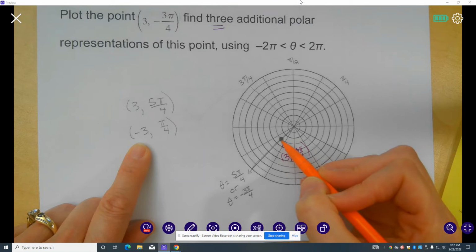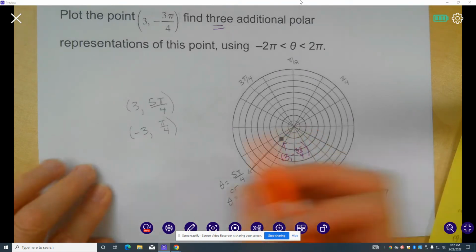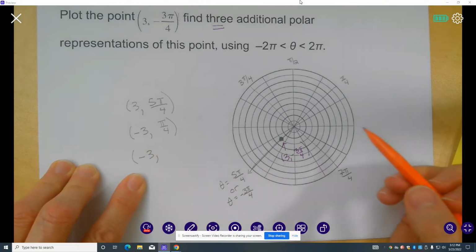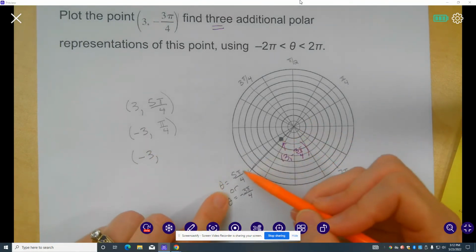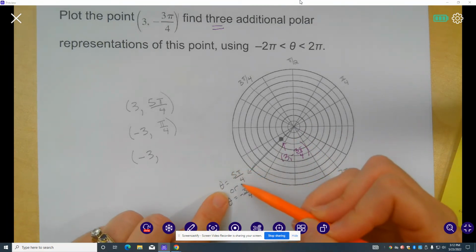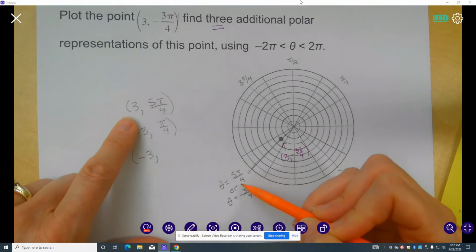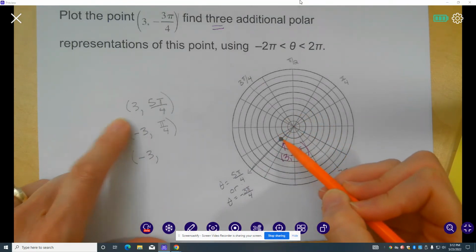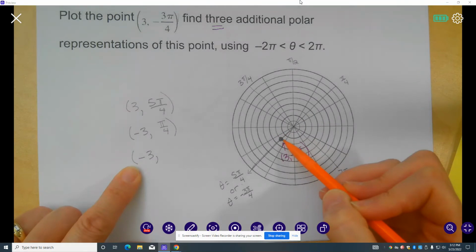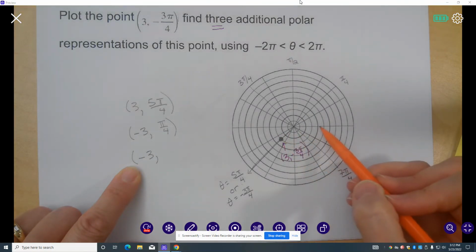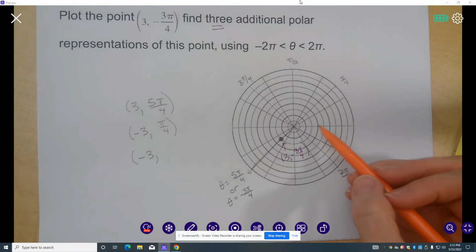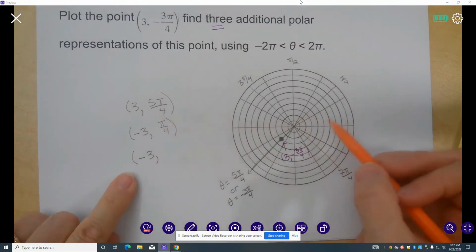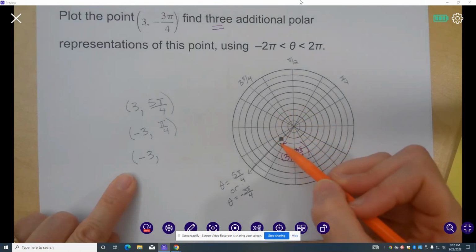Now I can do the same thing again with a negative 3, using kind of the opposite of the 5 pi over 4. So I said I can plot this point as 3, 5 pi over 4. I can plot this point as 3, how do you think about this? The negative of the 5 pi over 4. So 5 pi over 4, I count this way.